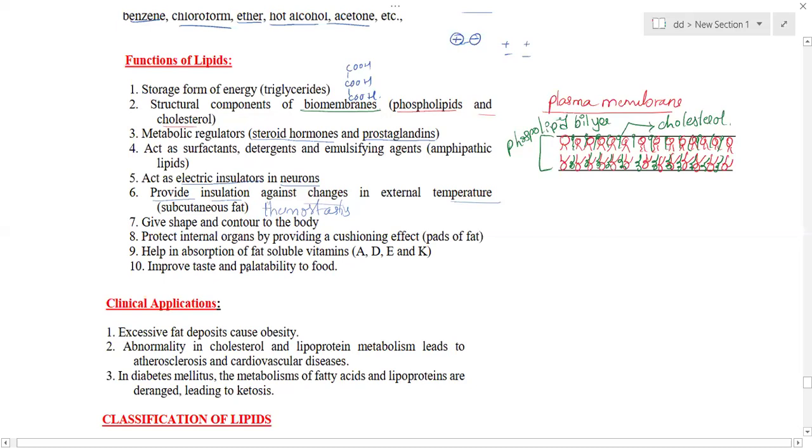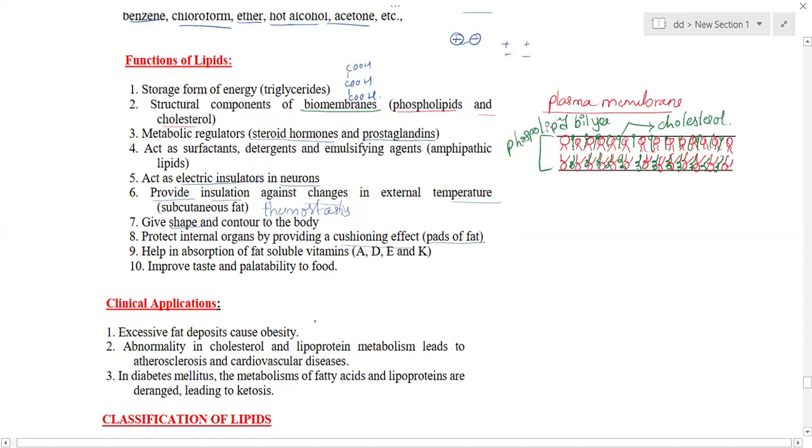Lipid is also a very important constituent for the cell and even for our body, because it helps maintain the shape of the body or the shape of the cell. Then it protects the internal organs by providing a cushioning effect, like pads of fat.